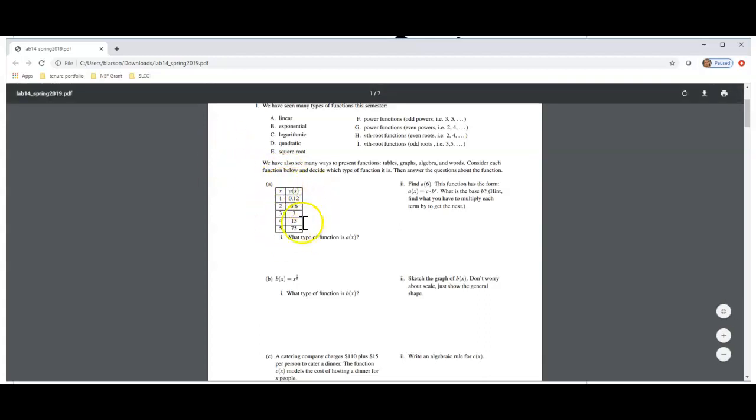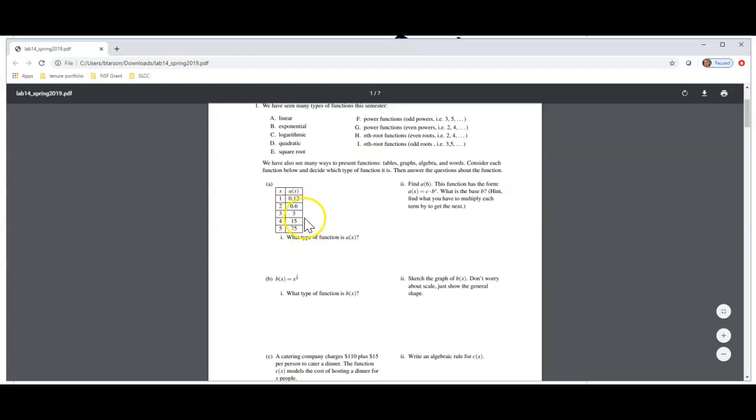Right? So remember, when you were given a table of values like this, you can try and figure out, well, what's happening here? As I'm going from 0.12 to 0.6, well, that might be harder to see. If I skip down here further, going from 3 to 15 or 15 to 75, I can see, oh, I'm multiplying by 5 both times there.